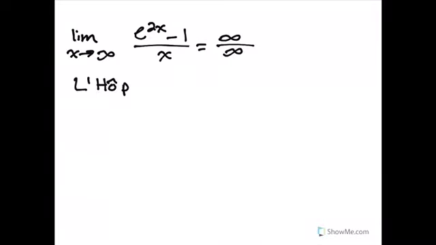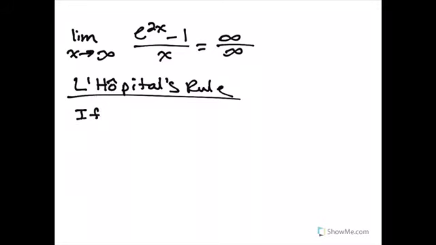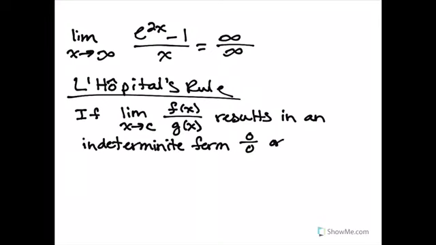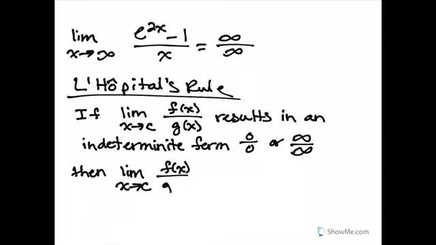L'Hopital's says if the limit of a rational function results in an indeterminate form, so 0 over 0 or infinity over infinity, then the limit can also be found by taking the derivative of the numerator and the denominator.